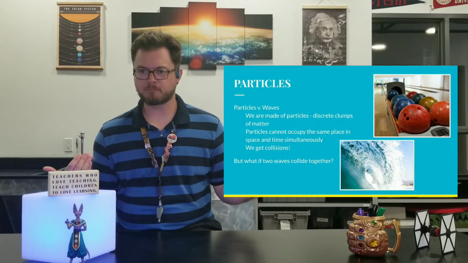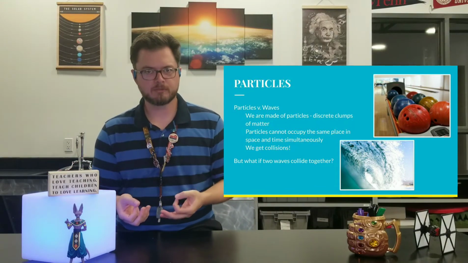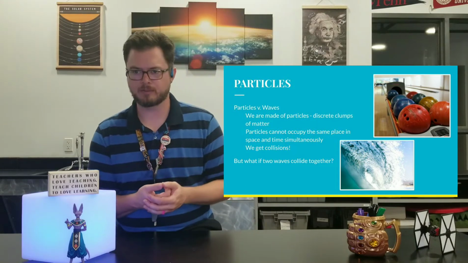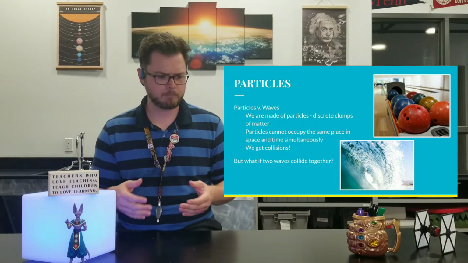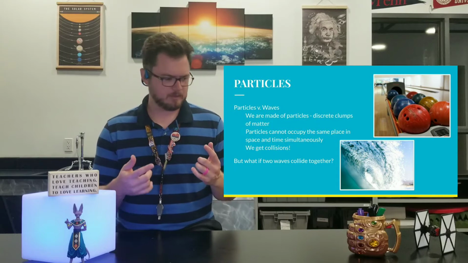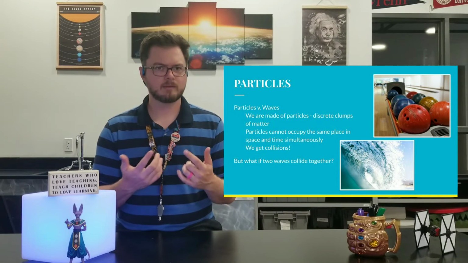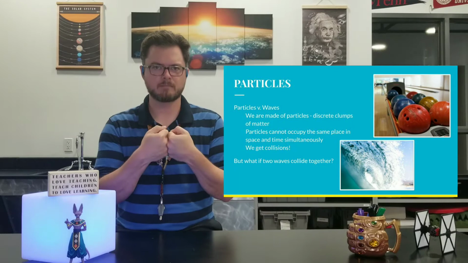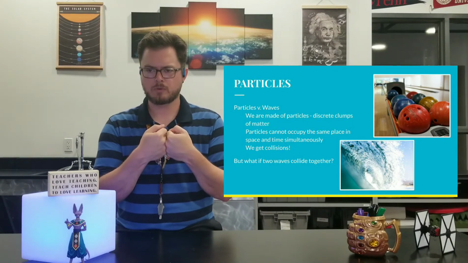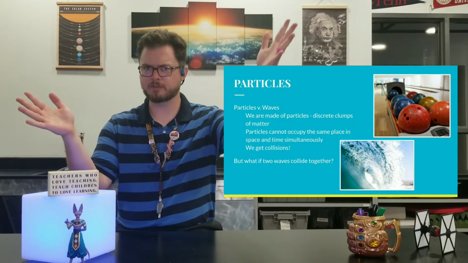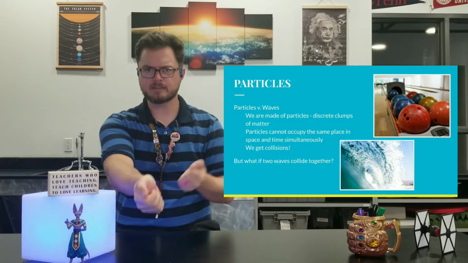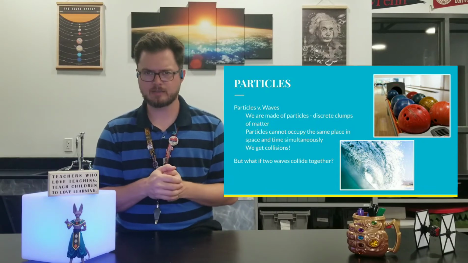We're made of particles, little clumps of matter, when you get down to the atomic level of things. But the problem is that particles can't occupy the same space at the same time. So we get collisions. They bounce off each other. They change the course of events as things collide together.